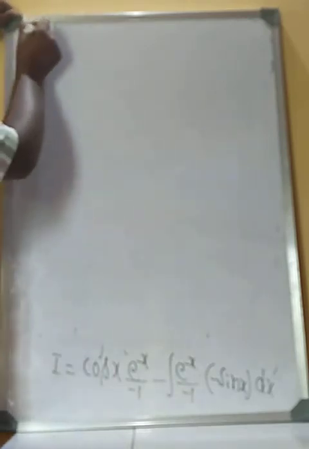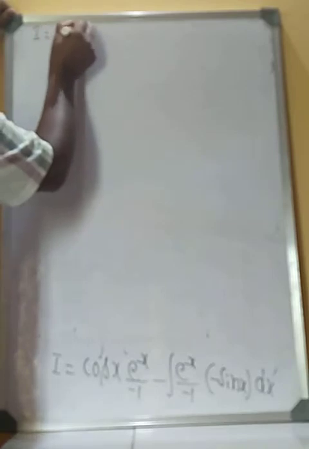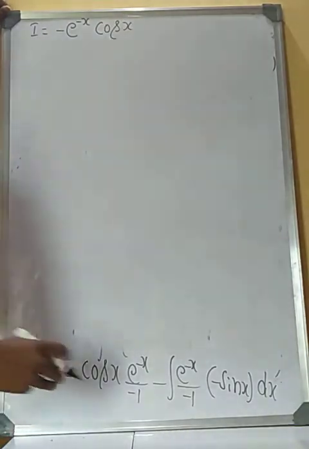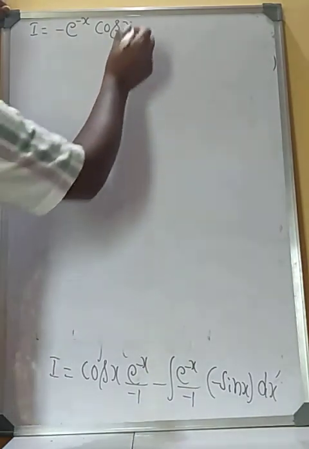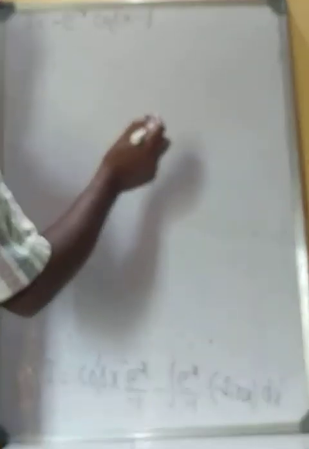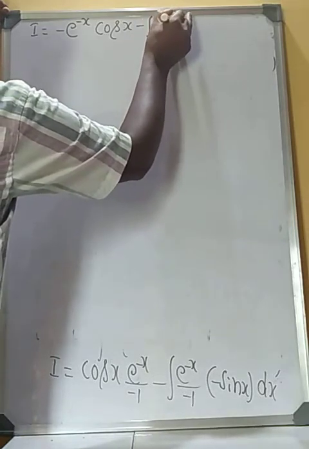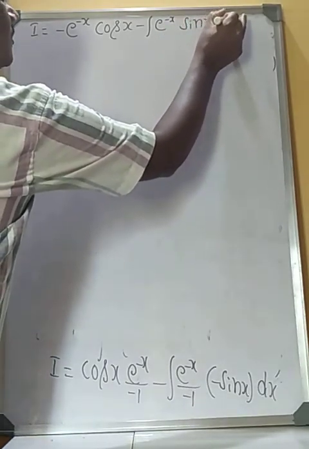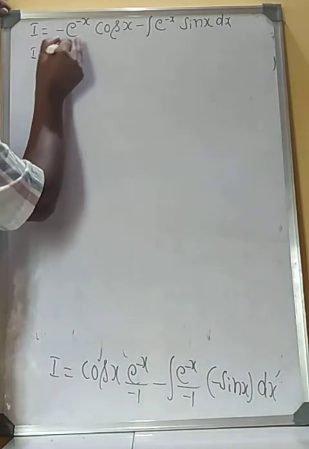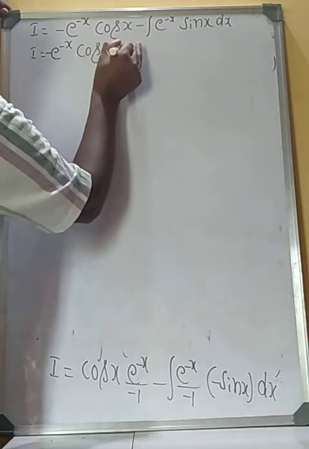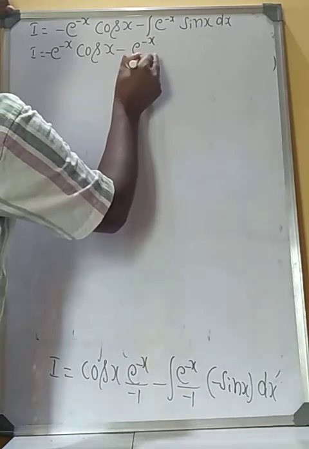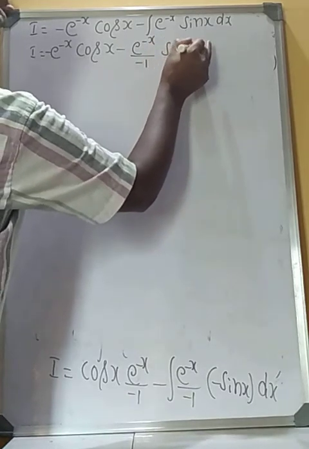So therefore, I is equal to minus e power minus x into cos x, minus into minus becomes plus, integral of e power minus x by minus 1 into sin x into dx.